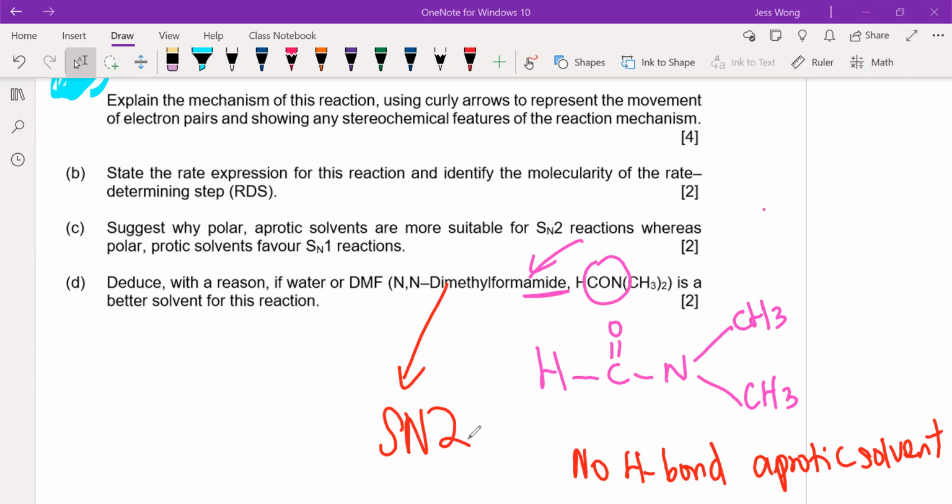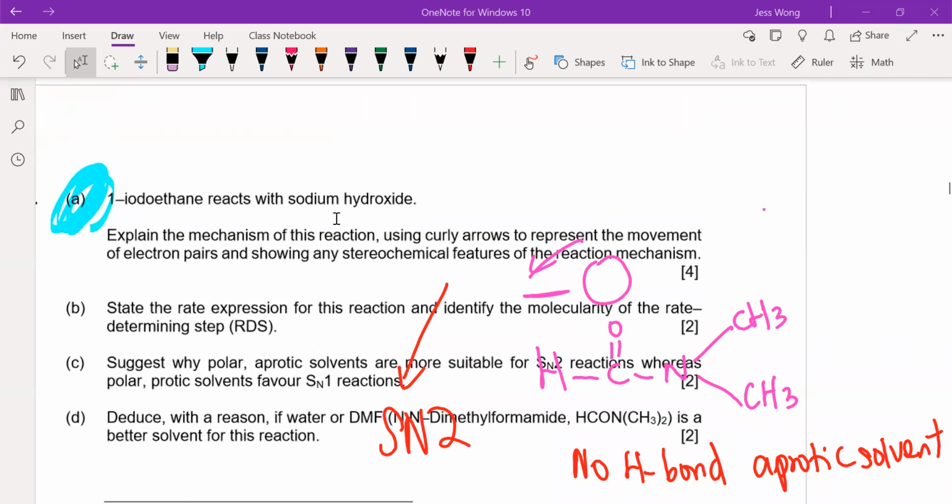So if we look at this, they ask us to deduce if this is a better solvent. In context with the top part of this question, we are looking at the SN2 mechanism, right?